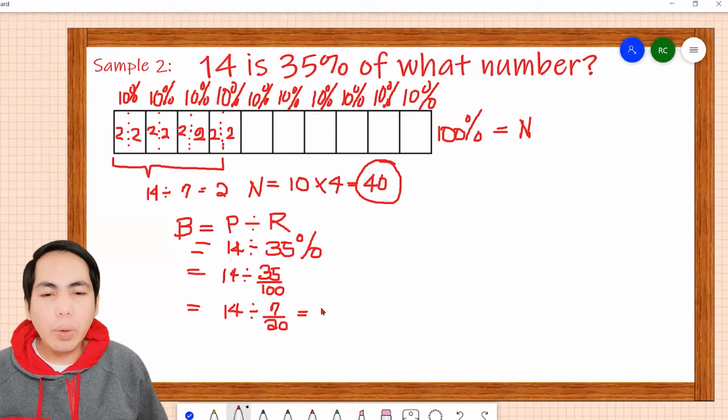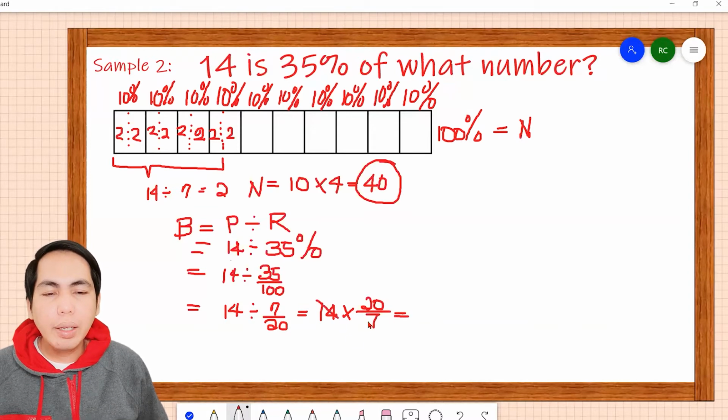So, since we know that in dividing fractions, we have to change it into multiplication, but we have to take the reciprocal of the divisor. Our divisor is 7 over 20, and the reciprocal of 7 over 20 is 20 over 7.